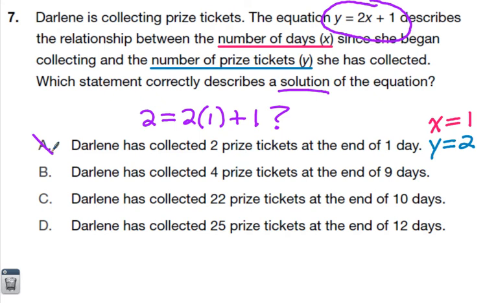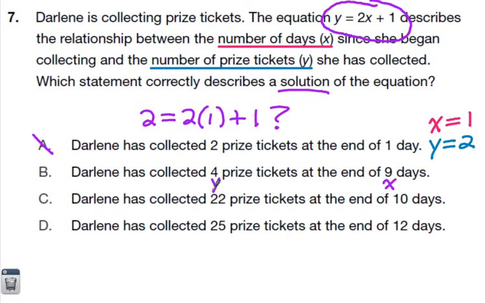Okay? And again, I'm trying to fast track this. For B, it's 9 days. So what if X were to equal 9? What if you plugged in 9 for X, and 4 for Y? Would that satisfy the equation? Is 4 equal to 2 times 9 plus 1?